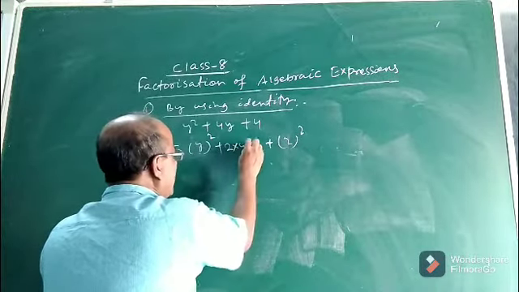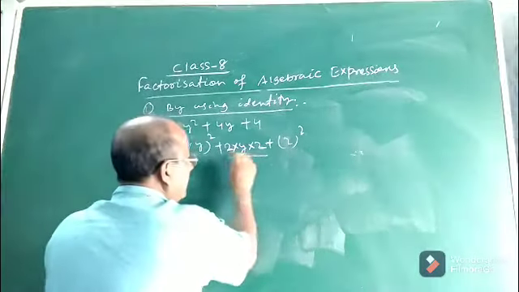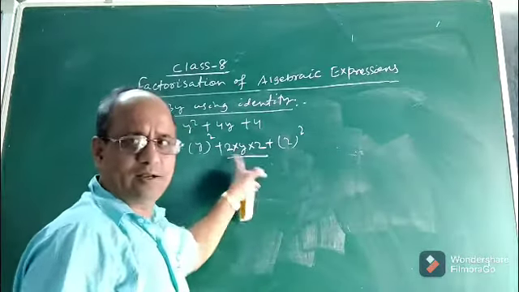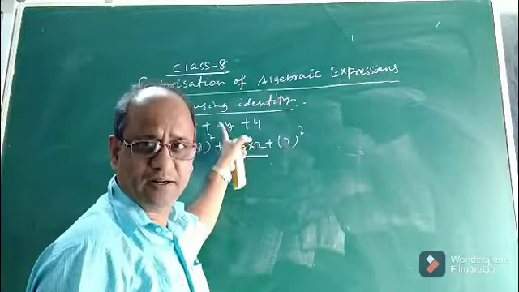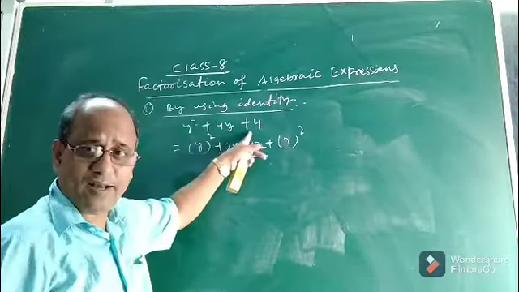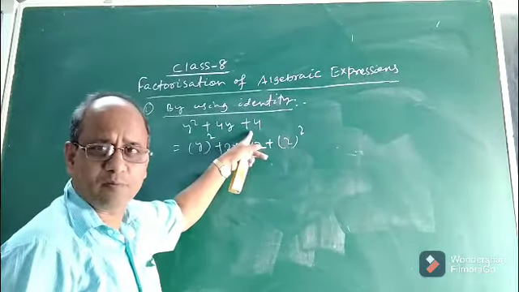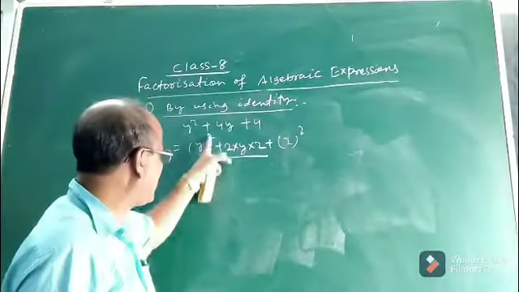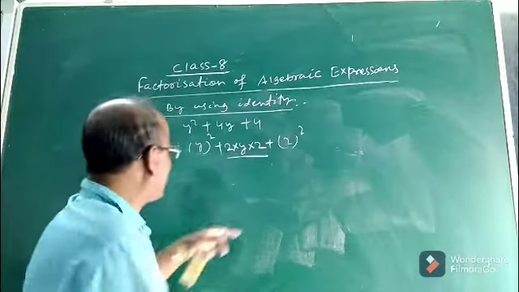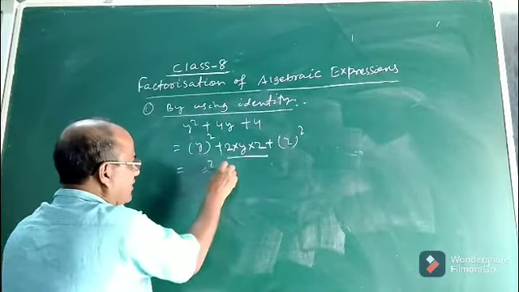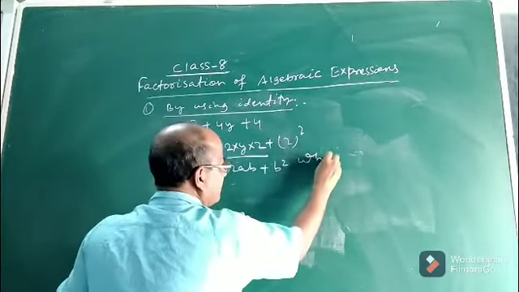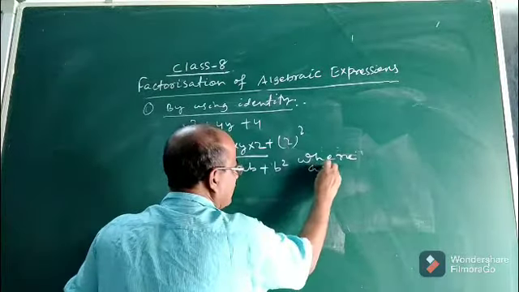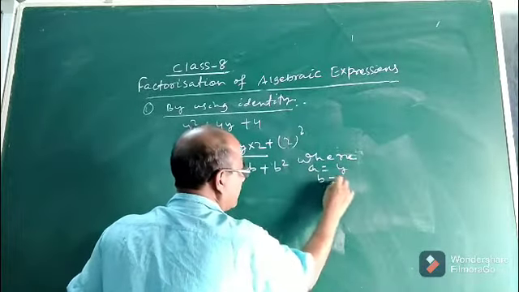In place of a you write y, in place of b you write 2, and you multiply these 3 terms, you will definitely get 4y. So what does it mean? It means the given expression is in the form of a square plus 2ab plus b square, where a equals y and b equals 2.